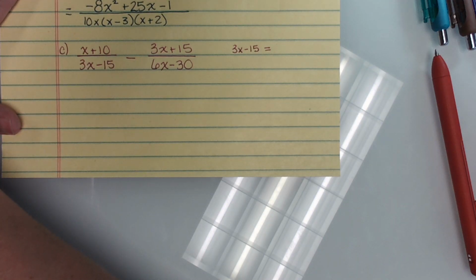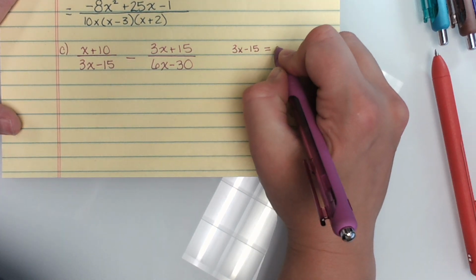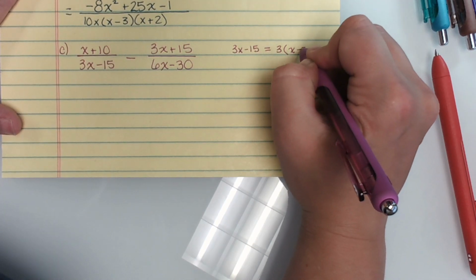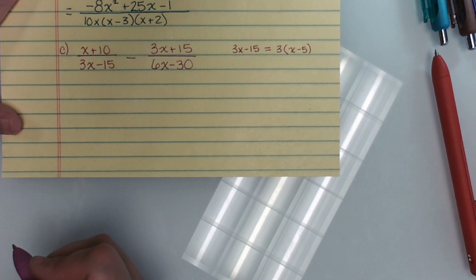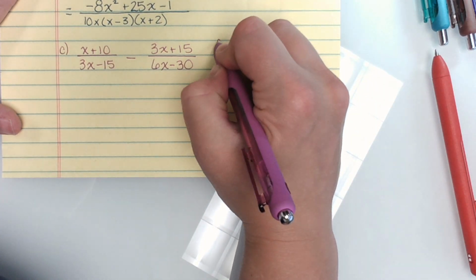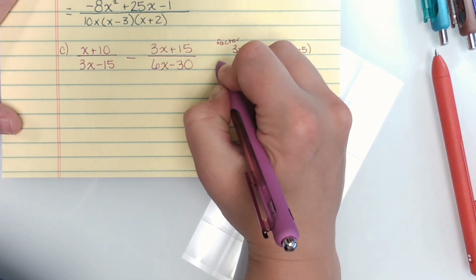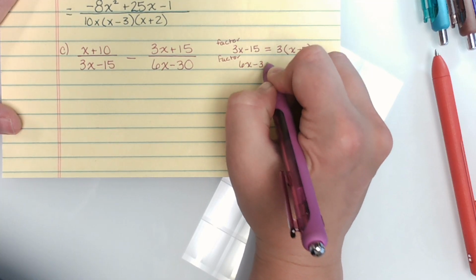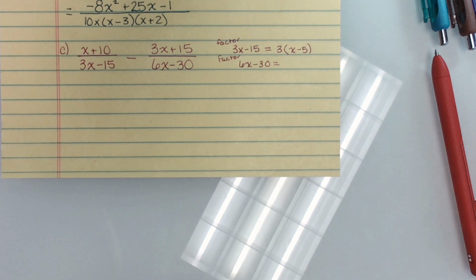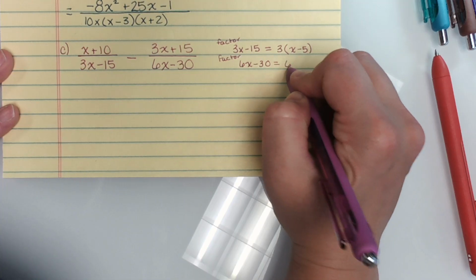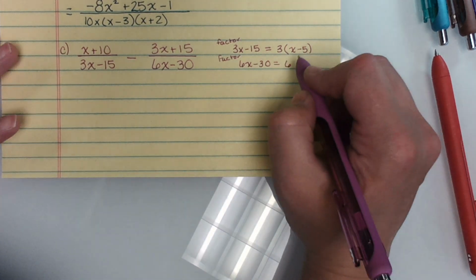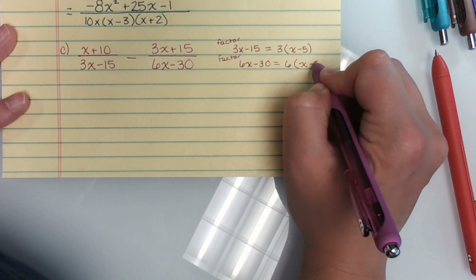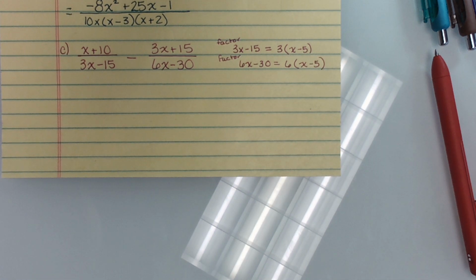Greatest common factor of 3x minus 15 is 3, leaving me with x minus 5. 6x minus 30, greatest common factor? 6, leaving me with x minus 5.